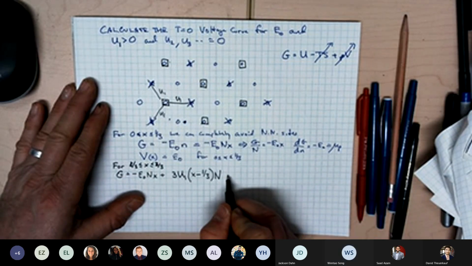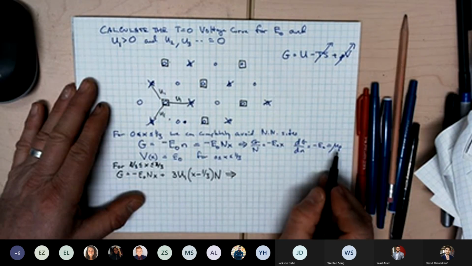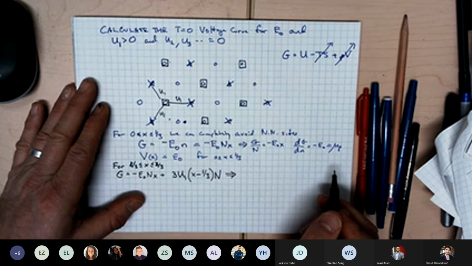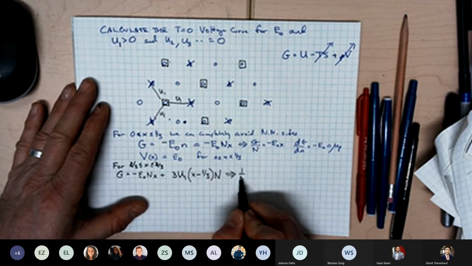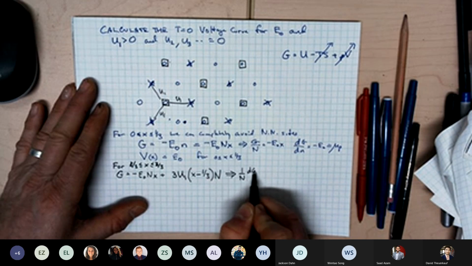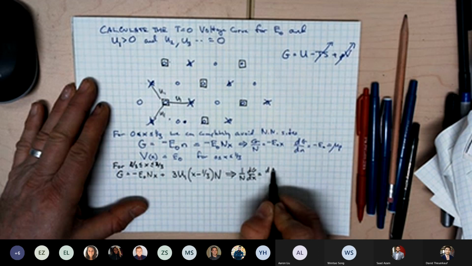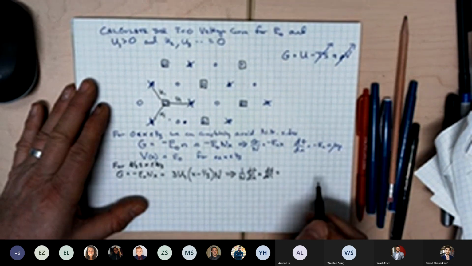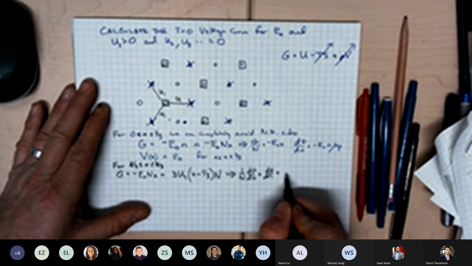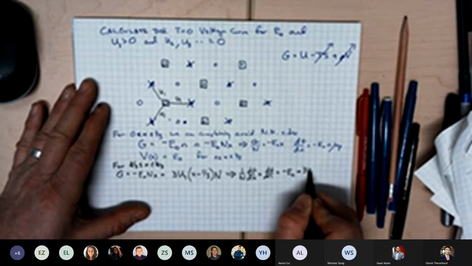Okay, so anyway, if you then want to get the chemical potential and hence the voltage, you take the derivative of this. So 1 over n dG dx, which is the same as dG dn. And that turns out to be equal to minus E naught plus 3U1.